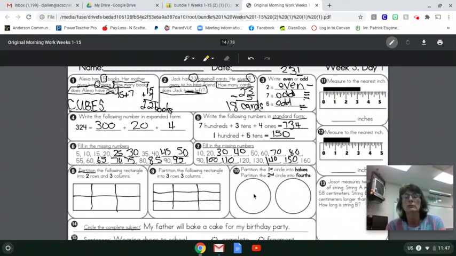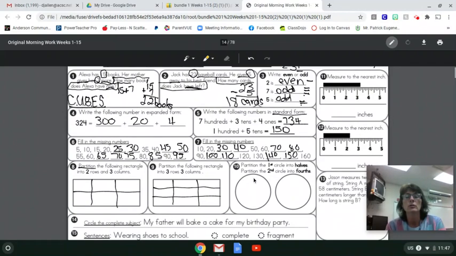Now, circles are a little different. Circles, when we cut them in half, the first one says partition the first circle into halves. That means just cut it in half. You could cut it in half this way.